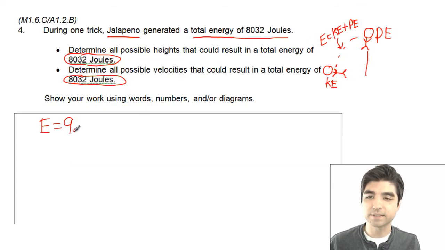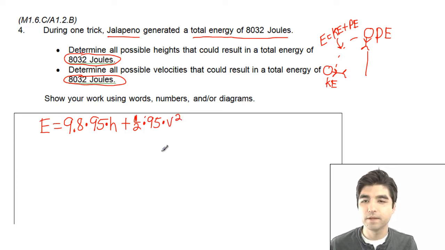So E equals 9.8 times 95 times h plus 1/2 times 95 times v squared. This first one, let's say we will find all the possible heights.